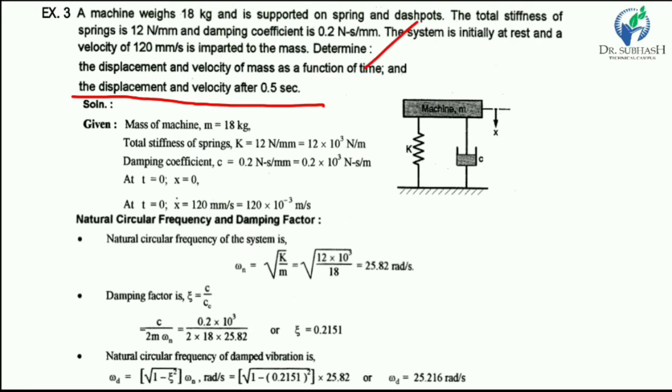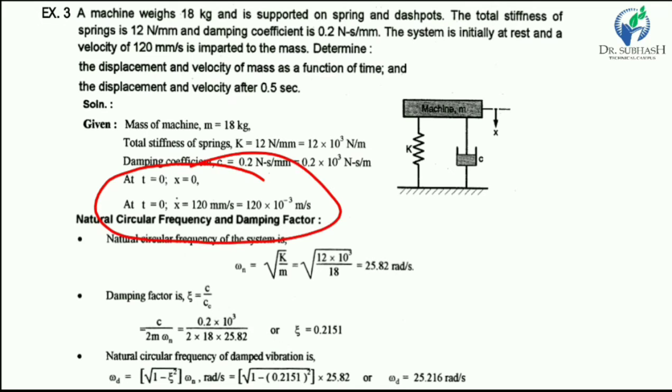So two values we have to find out. Now the boundary conditions are assumed according to the data. Displacement is 0 initially, but the velocity x dot is given as 120 mm per second at time 0.